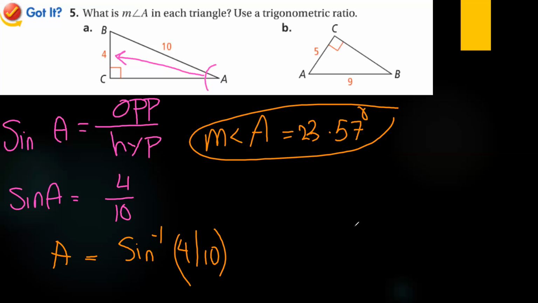Teacher, here we can also use the cosecant. The cosine, you mean? The cosecant? Yes, cosecant. But for the cosecant, it's hard to find its inverse on the calculator. On the calculator, you have sine, cosine, and tan.